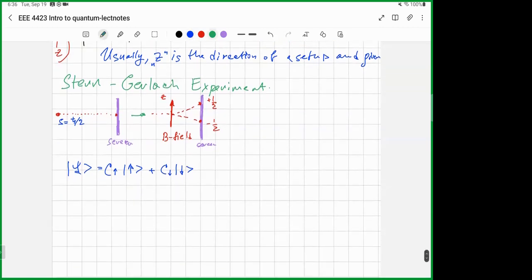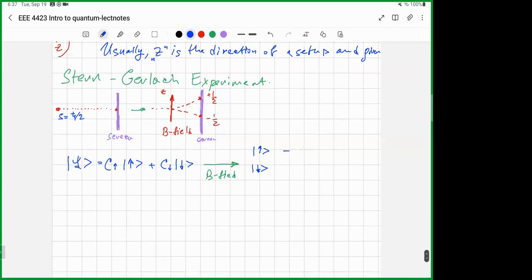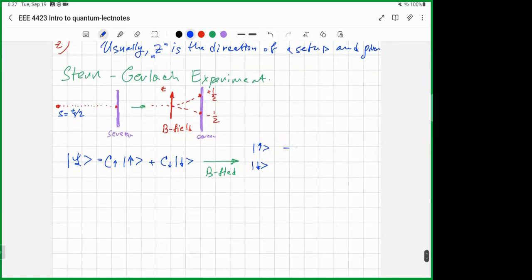And after turning on the magnetic field, in magnetic field, this state collapses either to state up or state down. This superposition collapses either to state up or state down, with the same probability, probability 0.5, and this one also with probability 0.5.